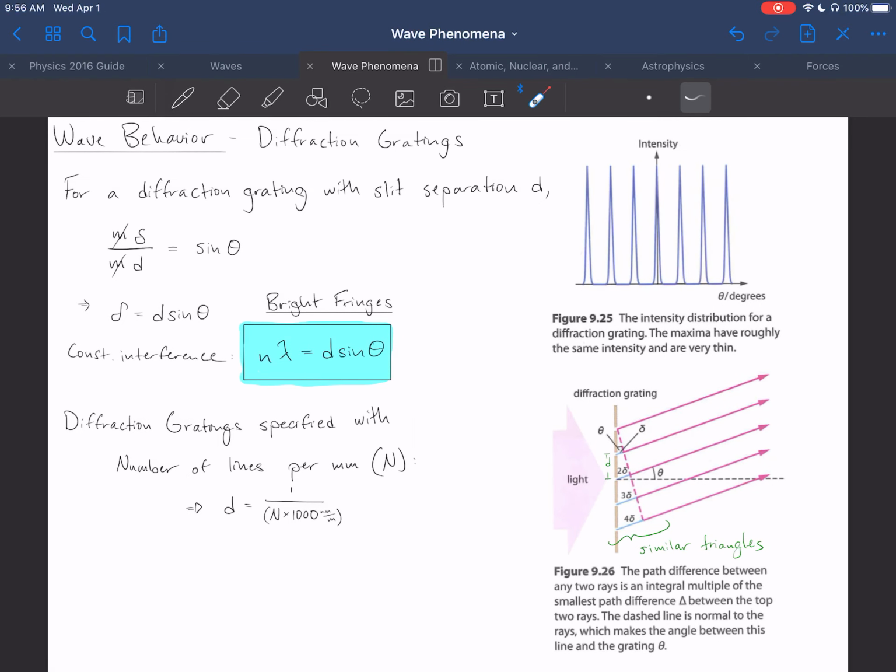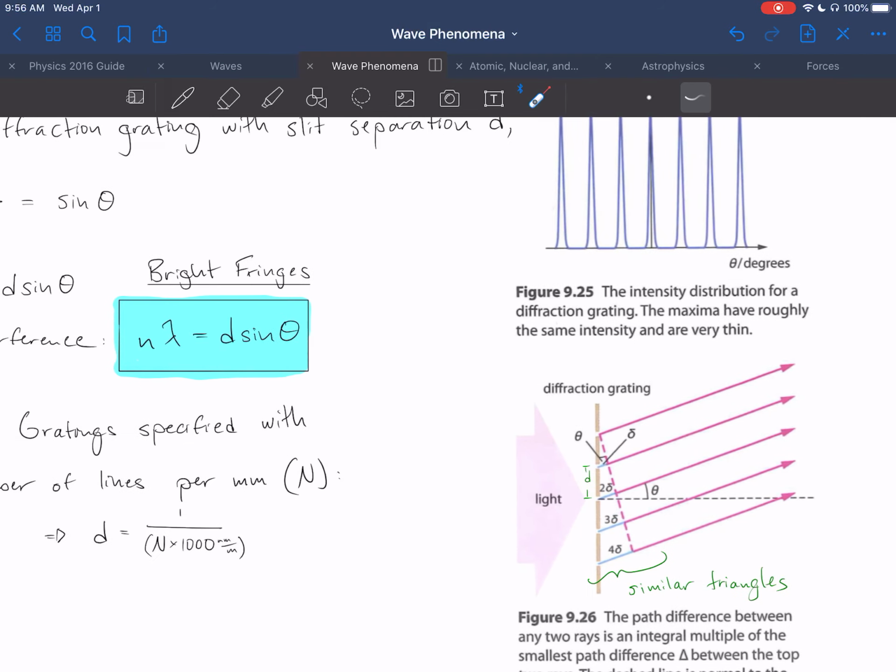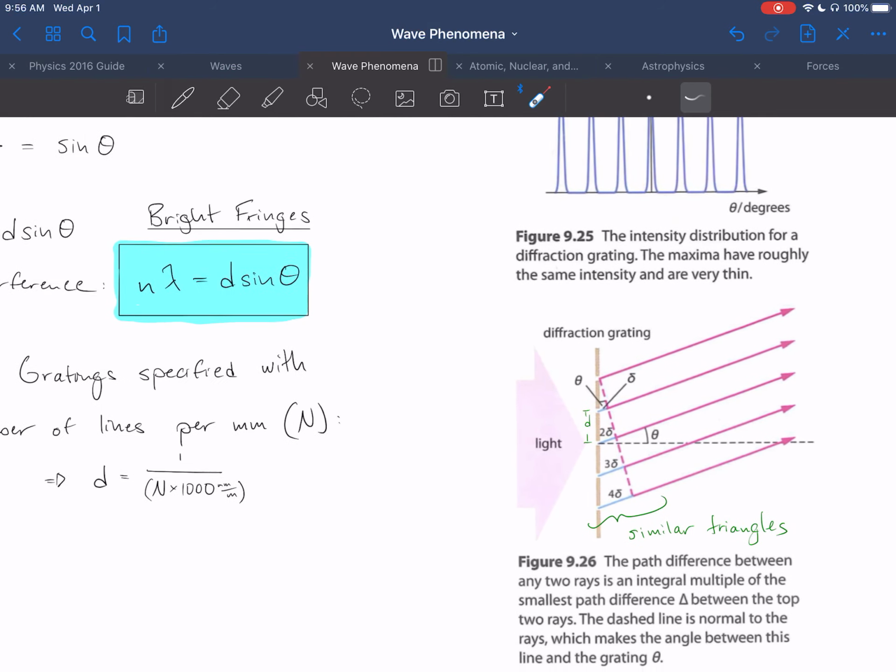So for a diffraction grating with slit separation d, so the distance between the slits is little d, just as in our double slit equation, we can actually derive a formula for the angle we expect those fringes to occur at.